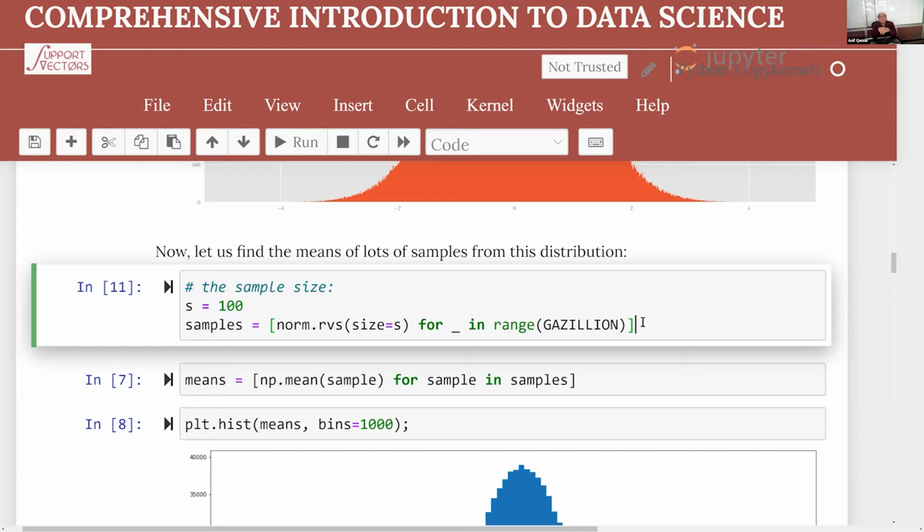But at the end of it, what you have done is you have created lots of samples. How many samples have you created? You've created a gazillion samples. Not actually practical in real life. So each sample has 100 observations, 100 values. So the sample size is 100.